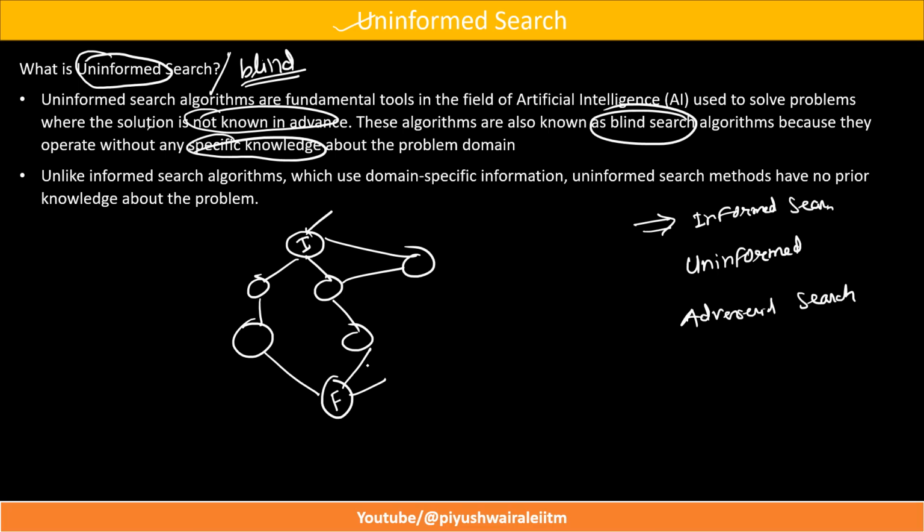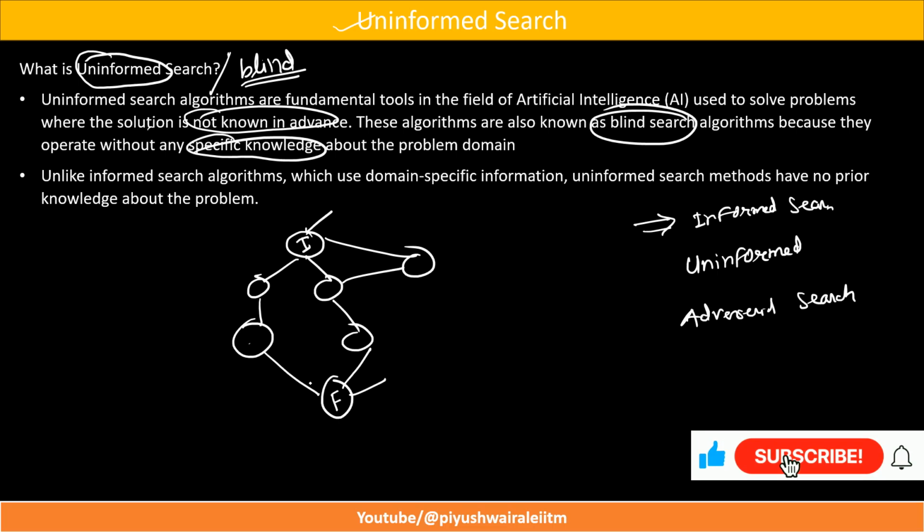I don't have any other information about the specific domain or the given problem. I don't know how far this particular node is from the starting point. I only know this is my starting point and this is my goal.